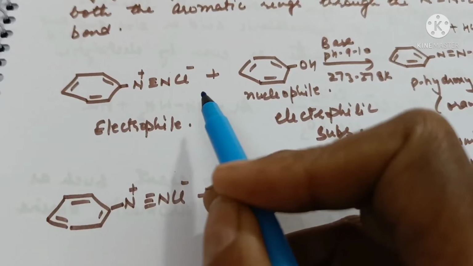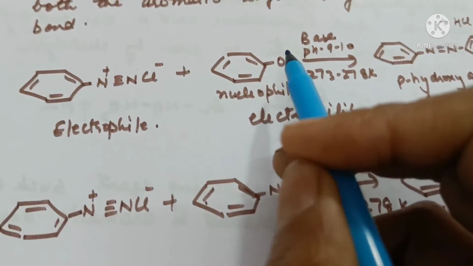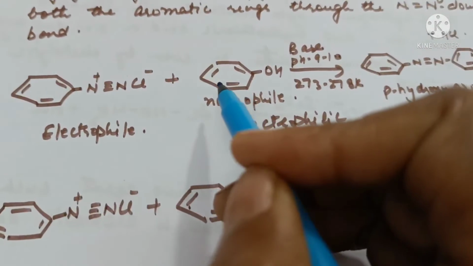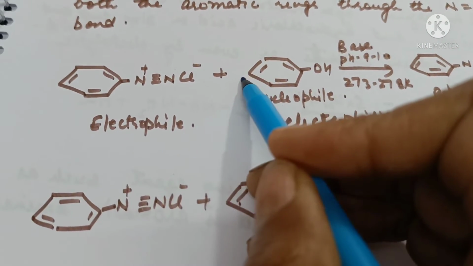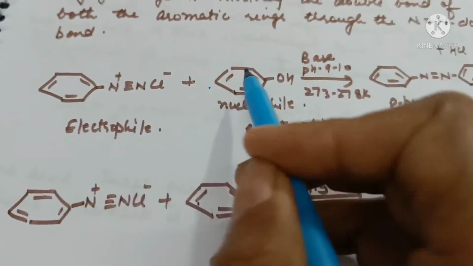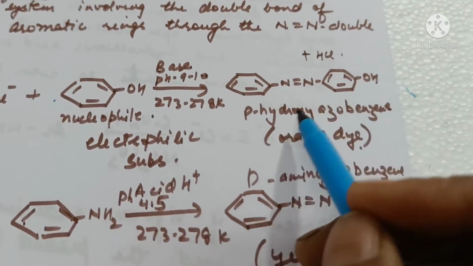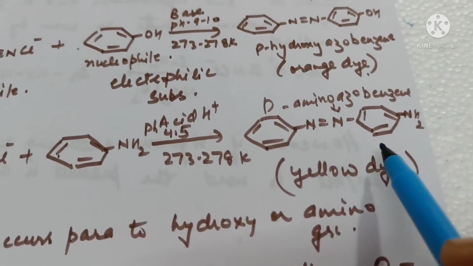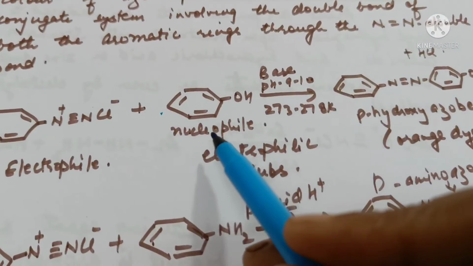So diazonium chloride, when it reacts with an electron-rich compound like phenol or aniline, the para position hydrogen will react with Cl to form HCl, and these two combine from the site to form para-hydroxyazobenzene or para-amino-azobenzene. This phenol is acidic.